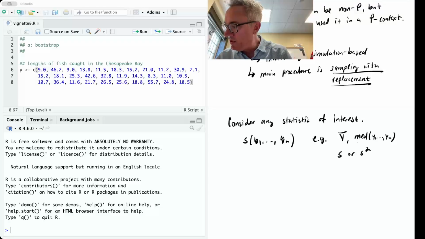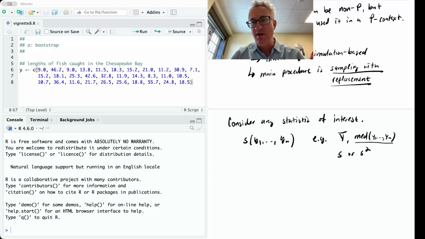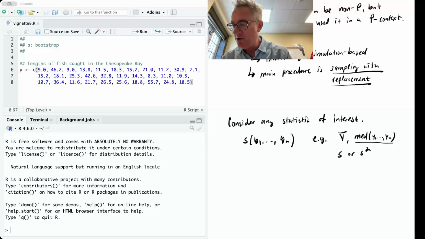So think about one of those statistics. What I present here is going to be focused on the median because it's novel to us. We haven't talked about it before, but I'm also going to show you some stuff with S, the estimated standard deviation. And it's really easy to substitute in for the mean, y bar, the average, if you want to do that instead. So I'm going to draw a diagram here.